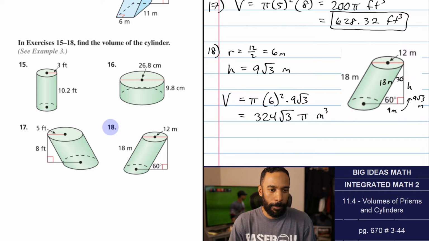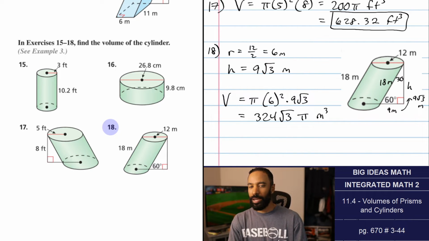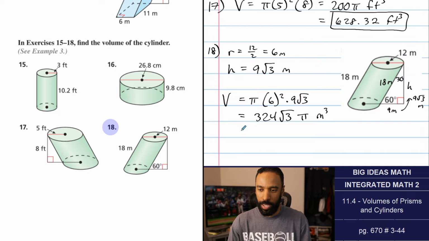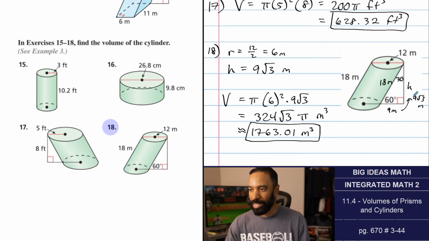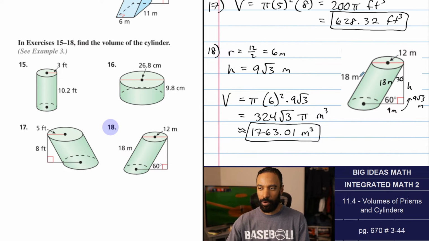But let's check that out. So times square root of 3 and times pi. 1763.01. 1763.01 cubic meters is the volume. Yes, we needed this height, that distance with that radius.